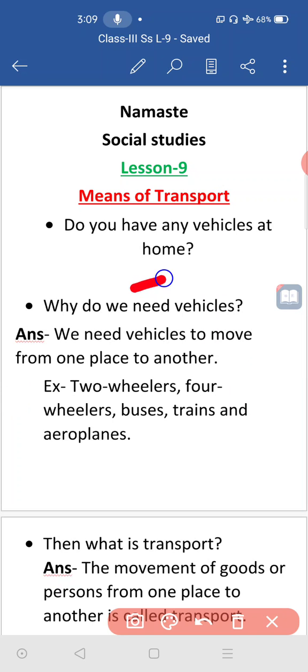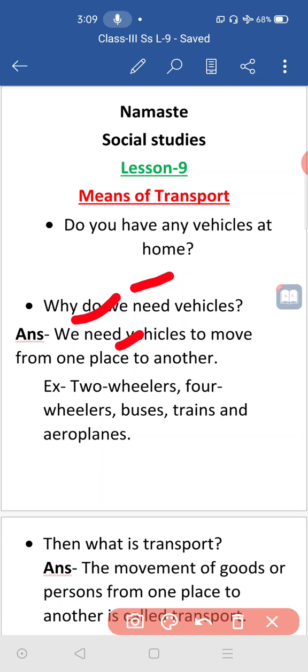Here see, why do we need those vehicles? If you have a car or bike or cycle, why do you need those vehicles? Yes, the answer is we need vehicles to move from one place to another place.